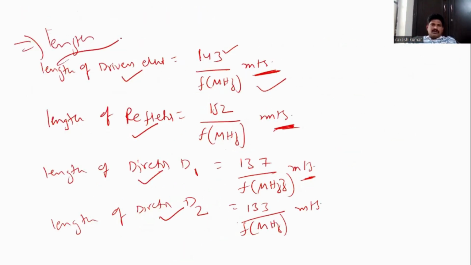What about the other parameter we want to consider? The other parameter is spacing.